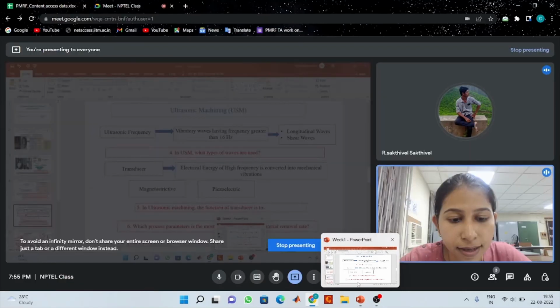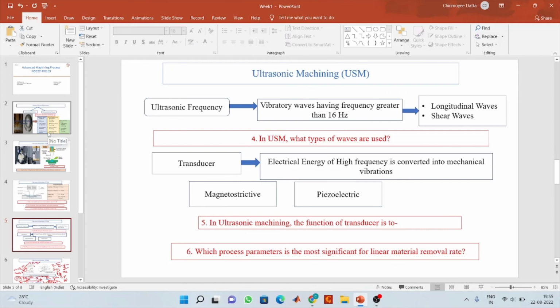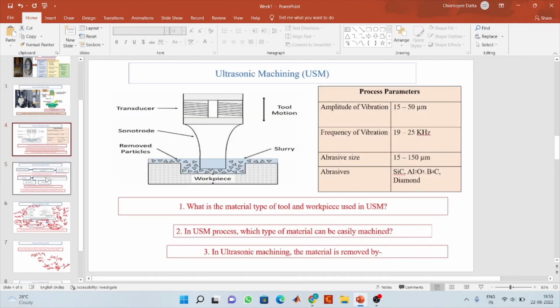Yeah, actually, I have solved the previous year assignment questions. Those are the questions from previous year and the NPTEL lectures for assignment 1. If you go through those lectures, the process parameters, working principles and all the equations, you will be able to solve this year's assignment questions as well, because they are very related to the lecture notes.